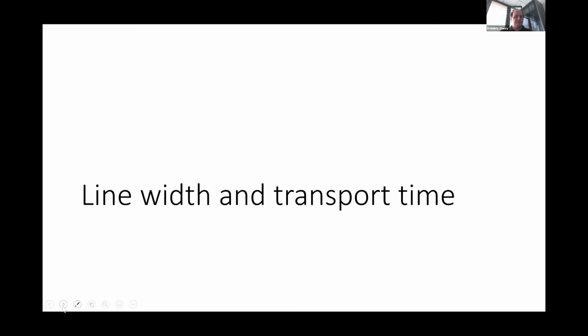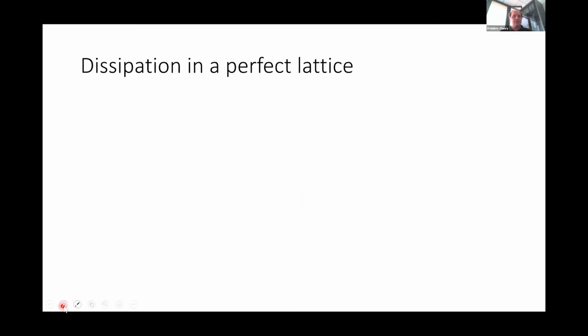The first thing, we would like to talk about transport. And if you think a bit, you see very quickly that having a dissipation in this kind of situation is not so obvious.